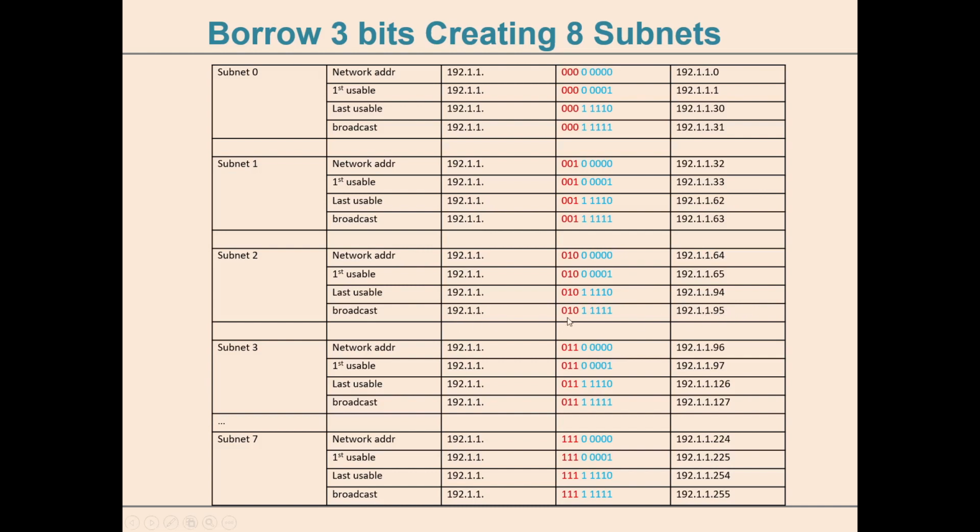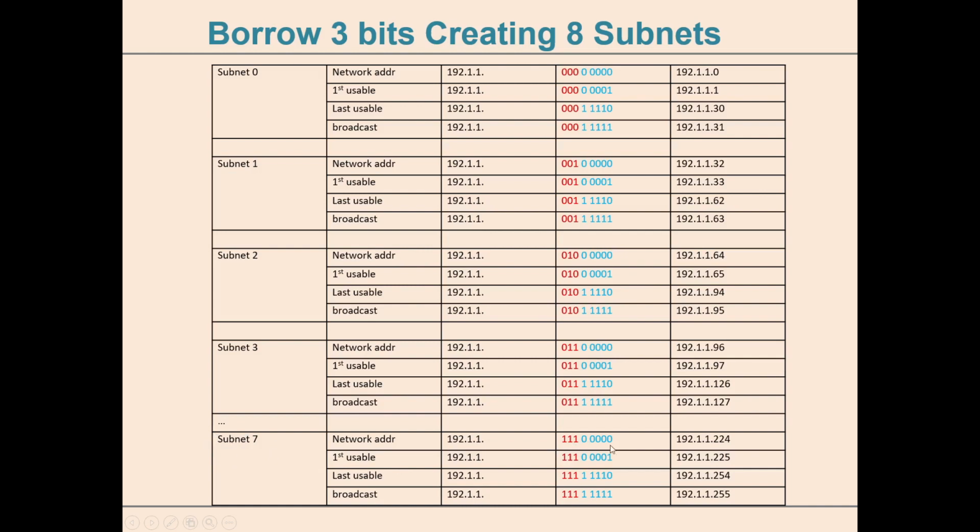That is the broadcast. The same, we increase the subnet bits again to 011. That's subnet 3. And all the way up to the highest subnet ID, when the 3 bits take the highest value 111, that gives us the last subnet, subnet 7.